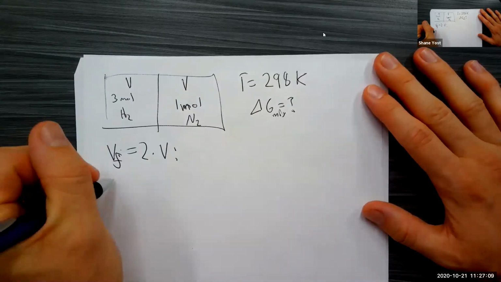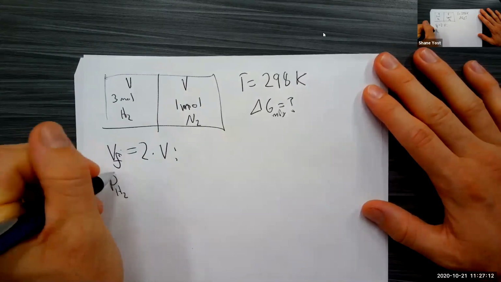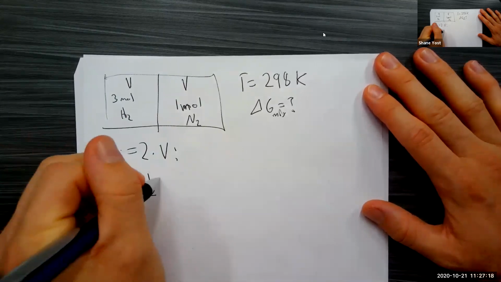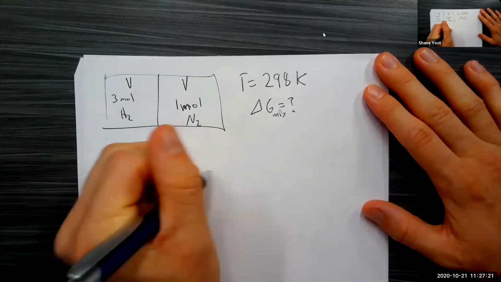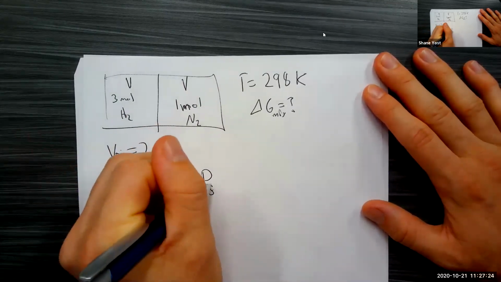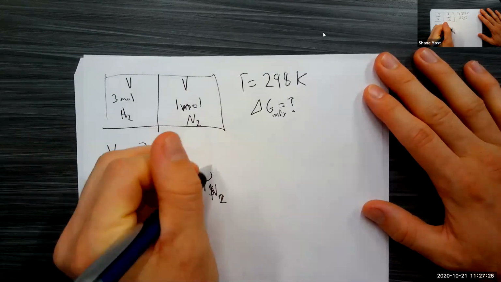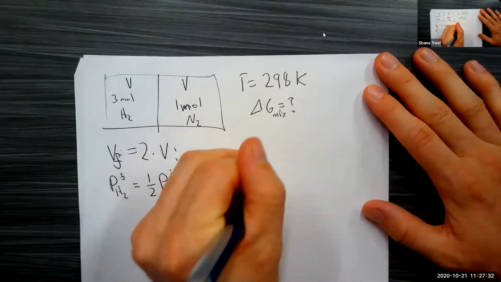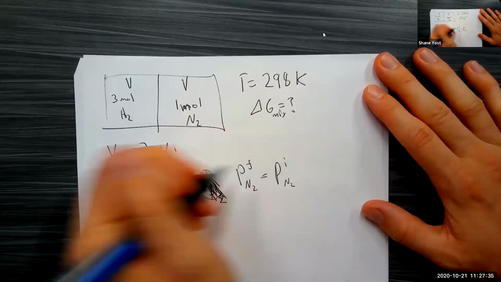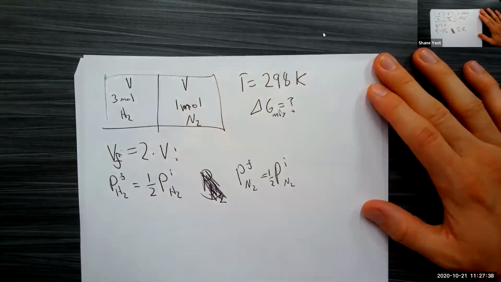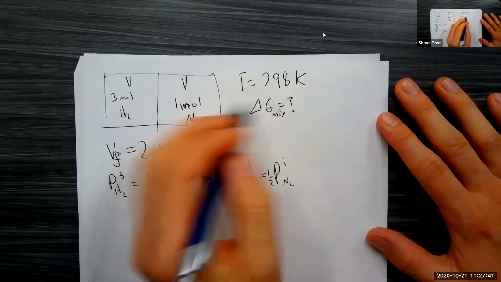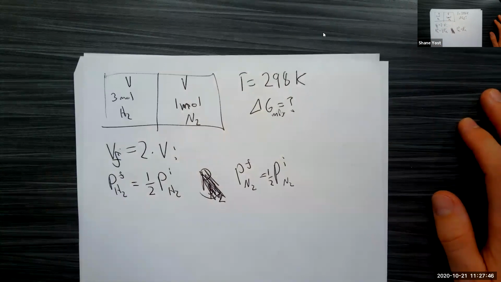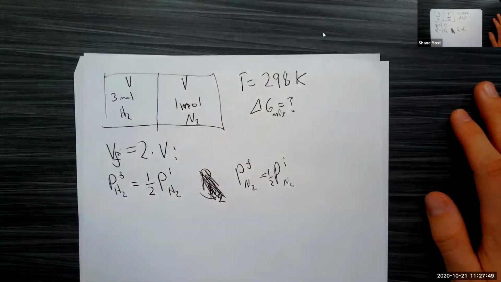If we think of the pressure of H2, the final pressure of H2 is just going to be 1/2 the initial pressure of H2. Same thing with the final pressure of N2: P N2 final is just initial times 1/2, because the temperature is staying constant at 298 Kelvin. And if my volume has doubled, my pressure has to decrease by 1/2 for these 2 gases.